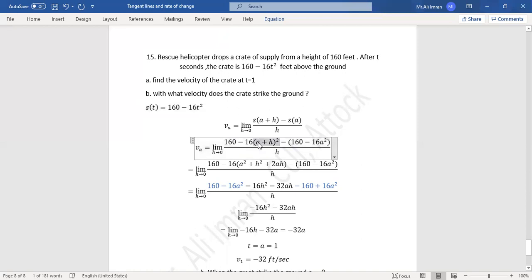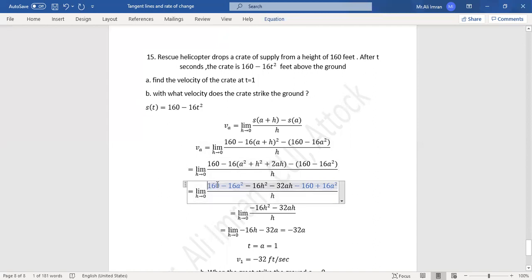Opening this square, 160 minus 16 a square plus h square plus 2ah minus 160 minus 16 a square. And simplifying this by multiplying 16 with this factor, 160 minus 16 a square minus 16 h square minus 32ah minus 160 plus 16 a square.